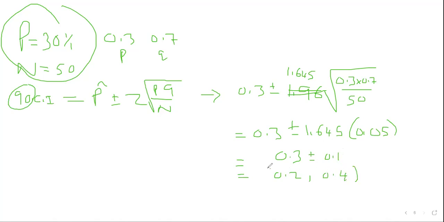So our comment is we are 90% confident that our true proportion will lie between 20% and 40%. Whenever we're dealing with proportions, we will comment in terms of the proportion.